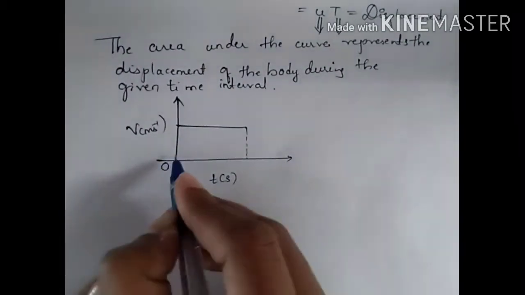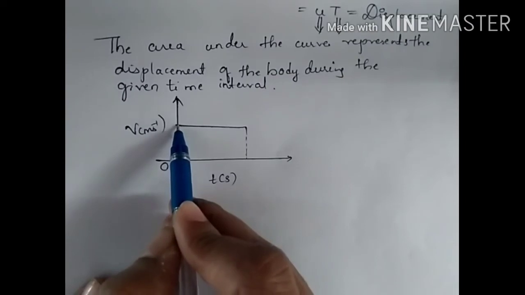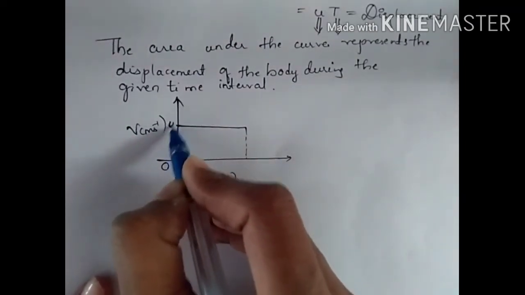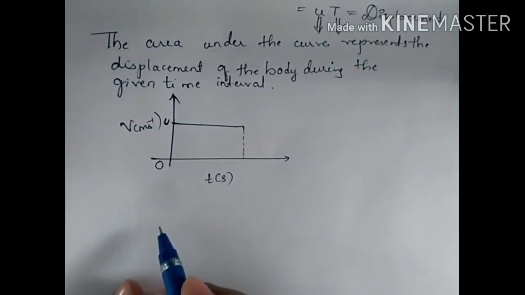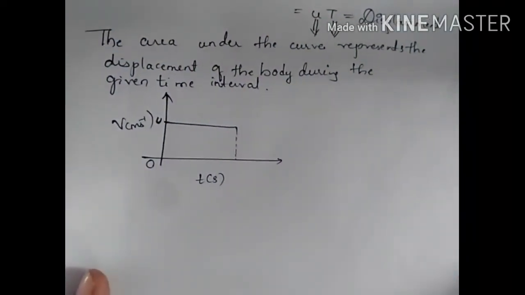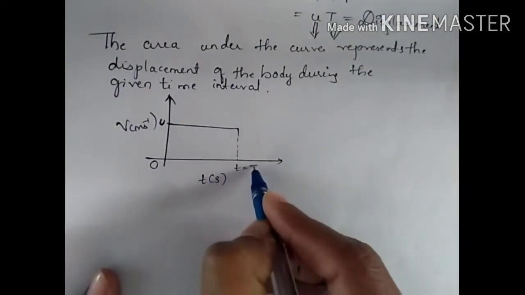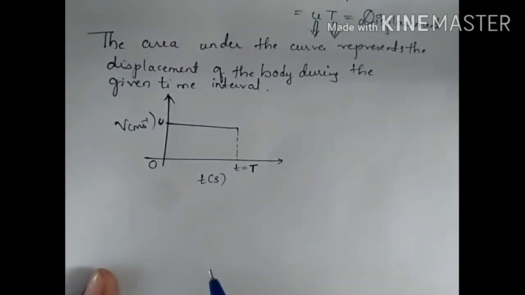Let's suppose the body has started with initial velocity u and it has maintained the same velocity throughout the journey, and it has taken time t equals capital T for completing the journey.